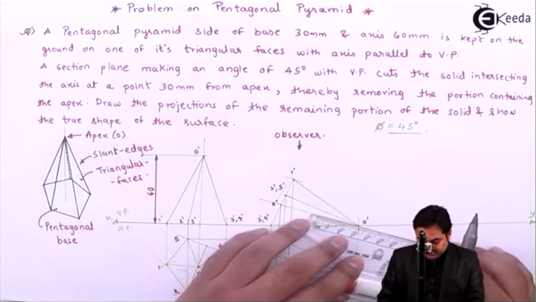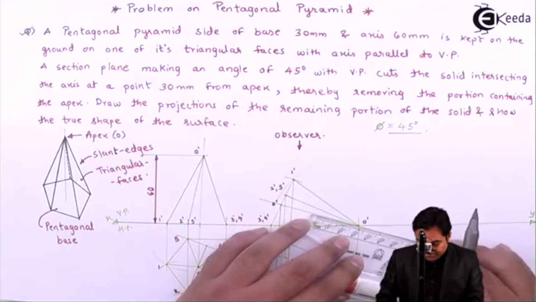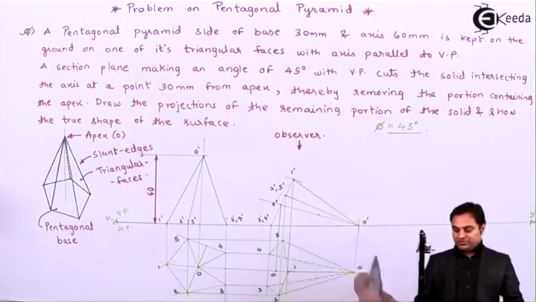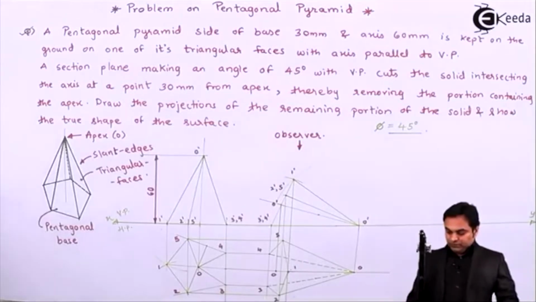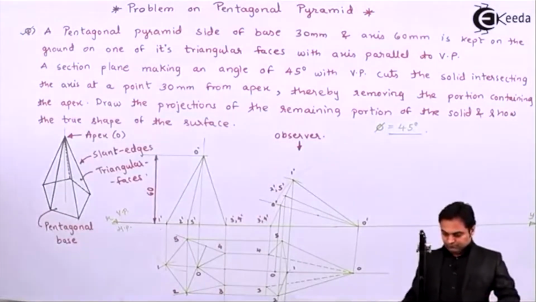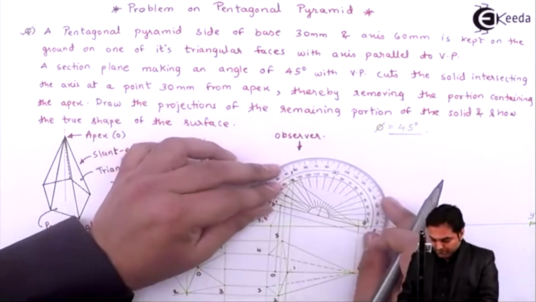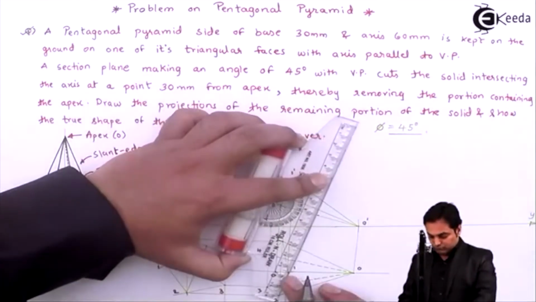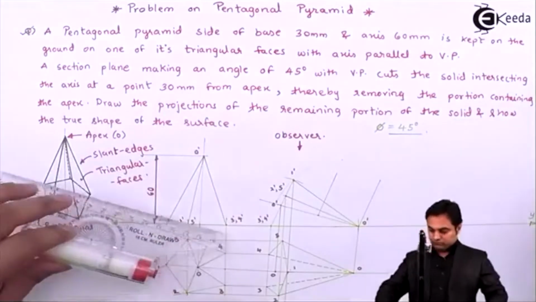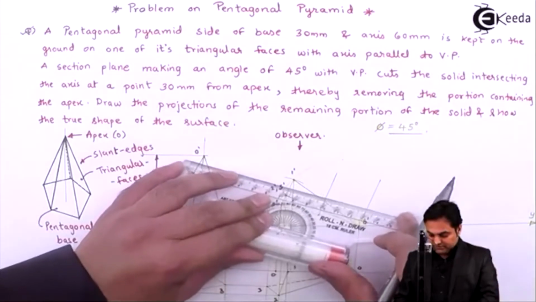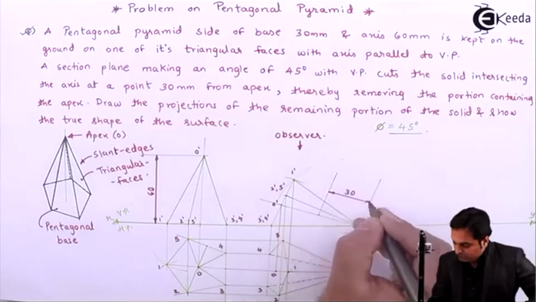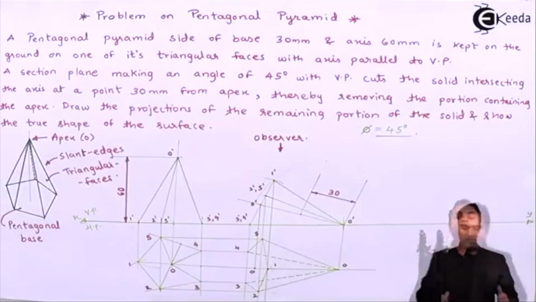So measuring 30 mm from the apex point O. So this is the true distance. I'll give the dimensions to it, parallel to the axis. This is 30 mm distance.